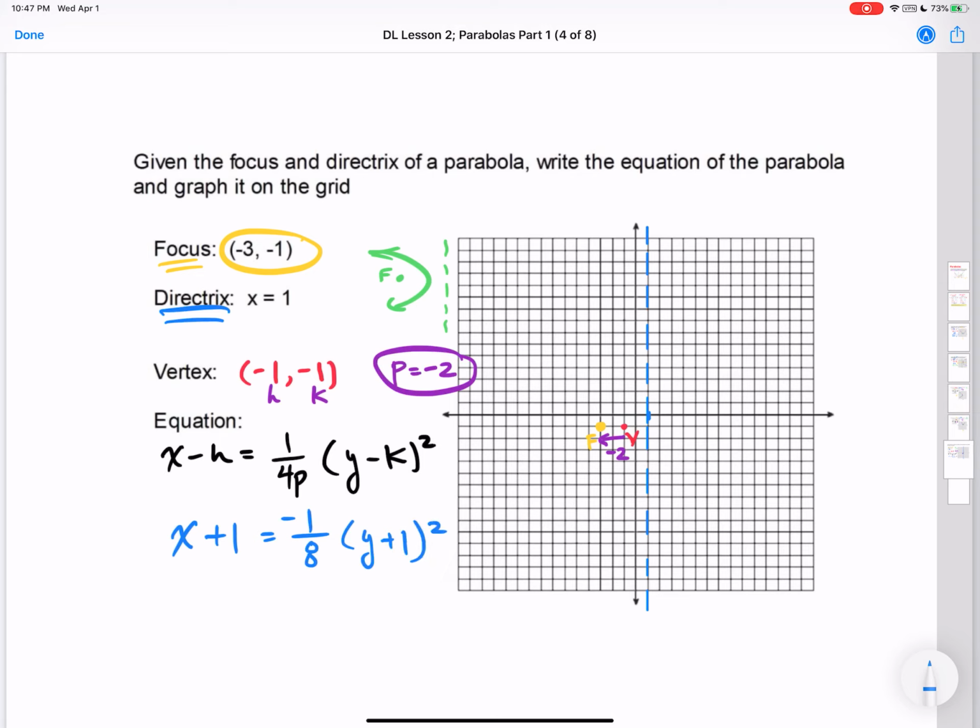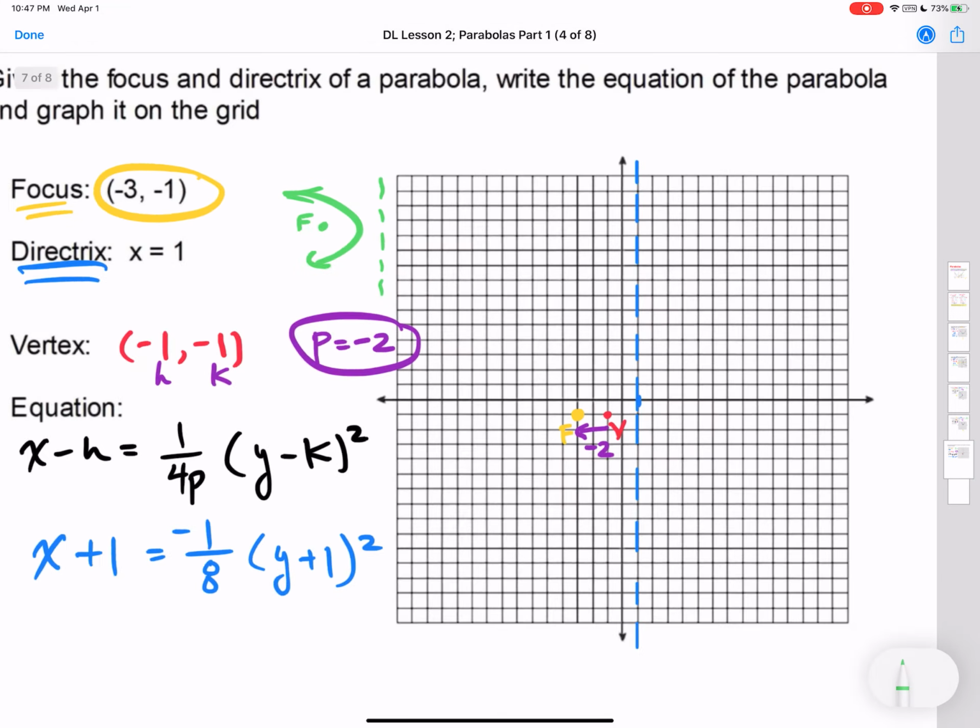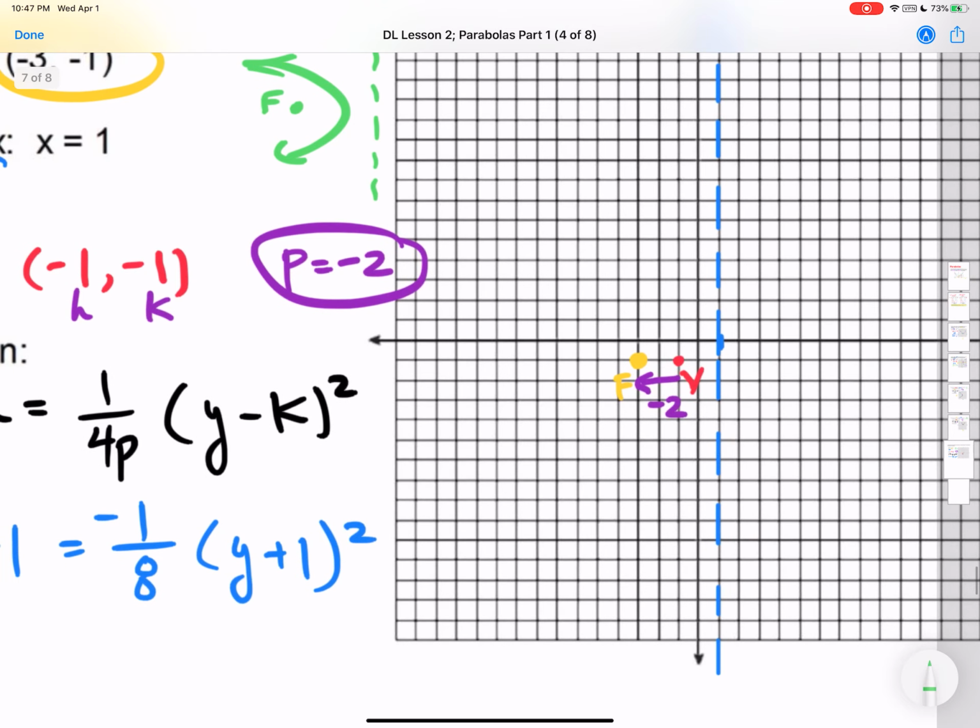And again, let's graph the rest of our parabola. We're going to take a look at the distance from the focus to the directrix, which is a total of 4 units. So I'm going to go 4 units up to 4 from the focus, 2 units down from the focus.